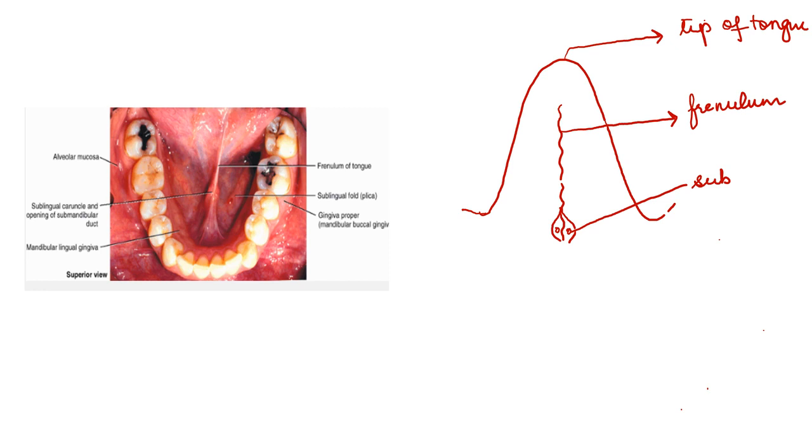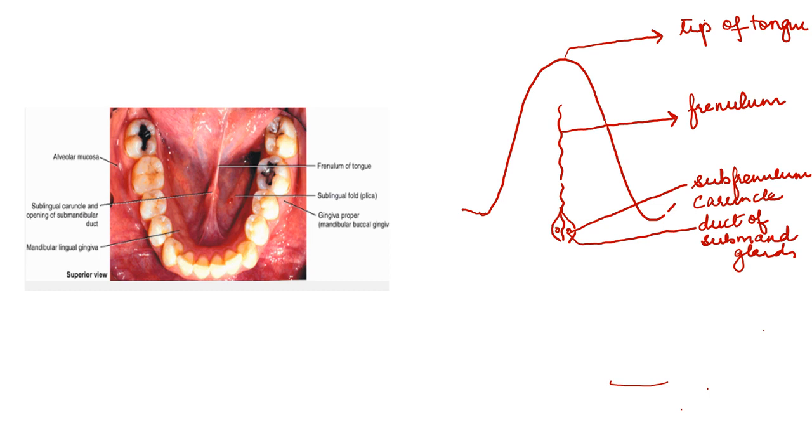The sublingual caruncle, on which is the opening of the duct of the submandibular glands. Okay, then more lateral to it on both sides, you see the deep lingual vein.